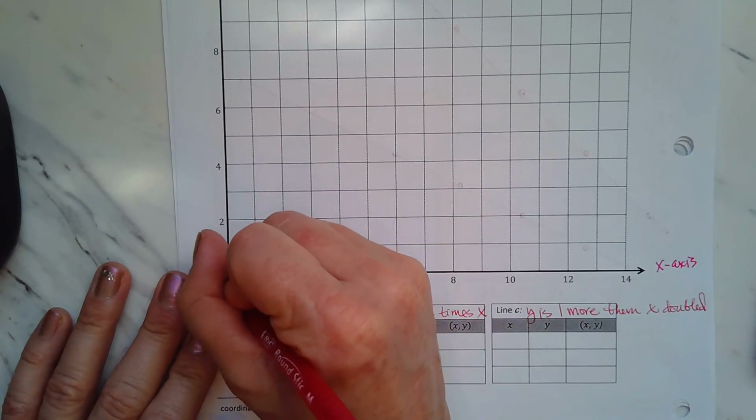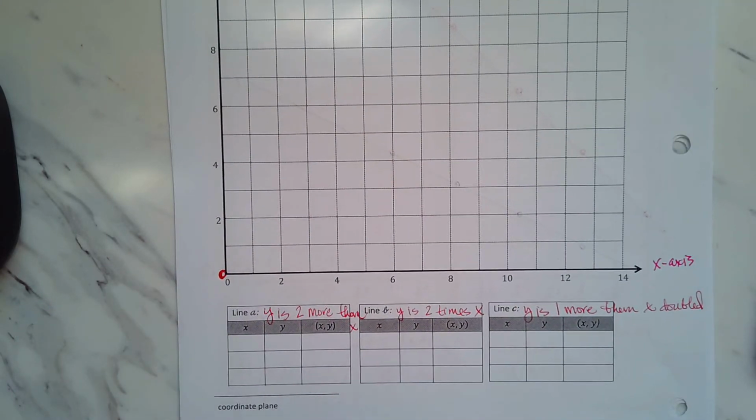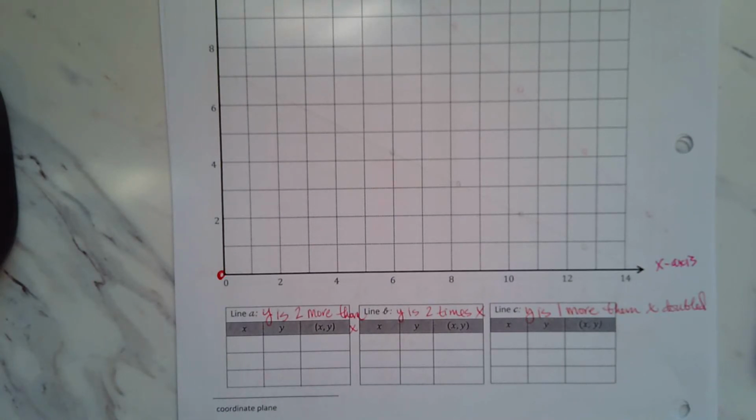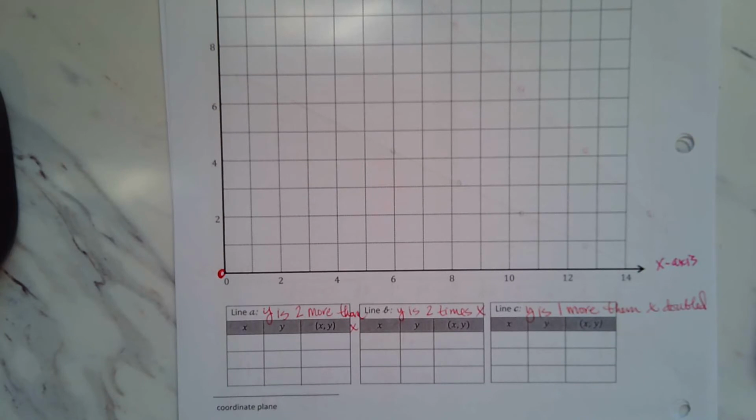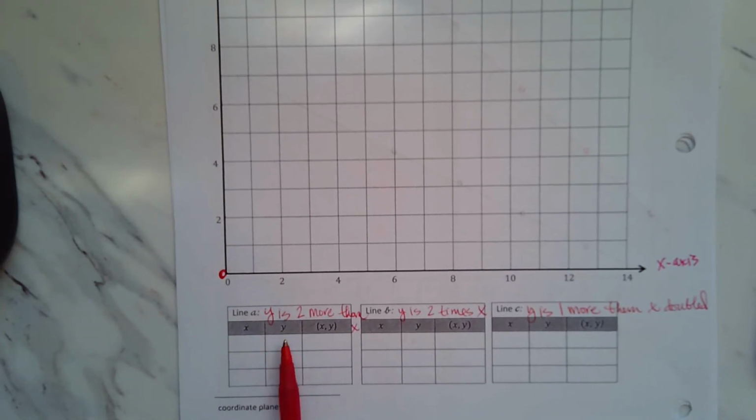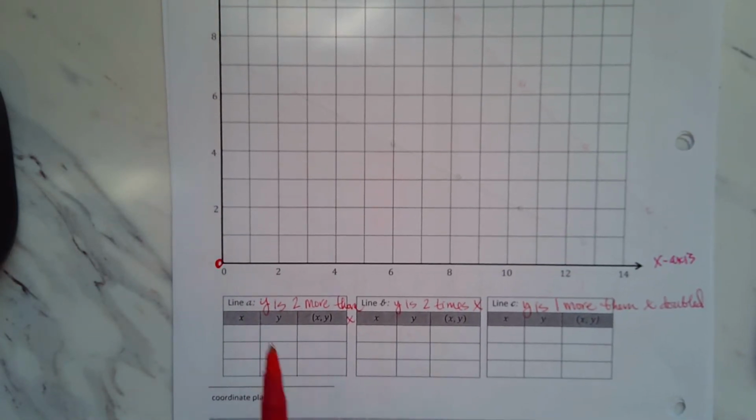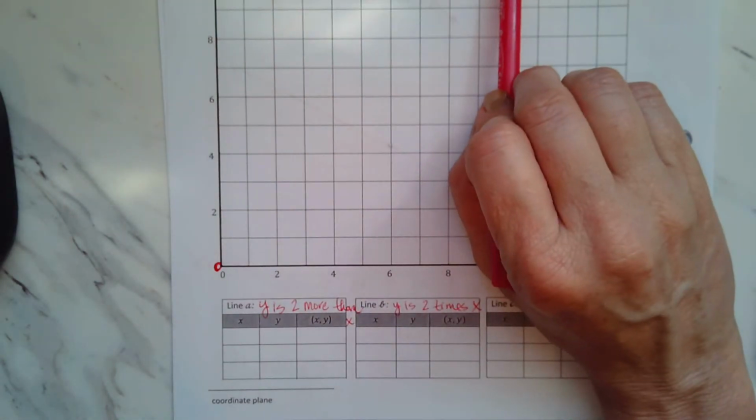All right, so now our big idea is to continue doing what we just got done doing, but I have given you 3 rules for line A. You're going to come up with the x and y coordinates and the coordinate pair. You're going to graph the line and connect the dots.